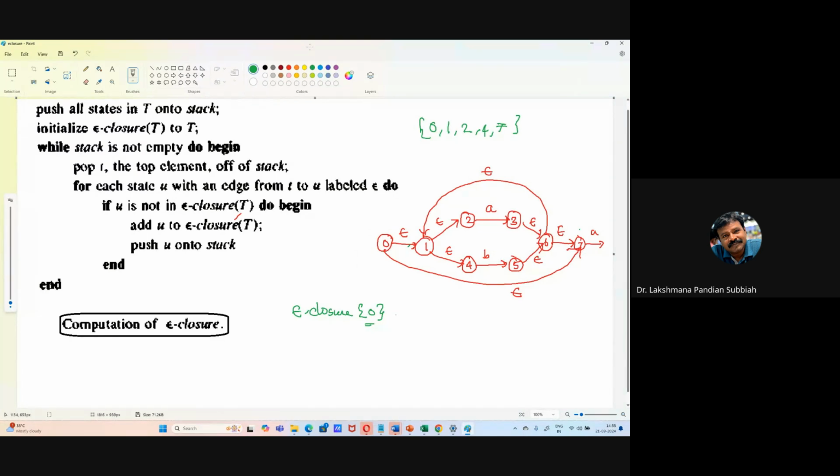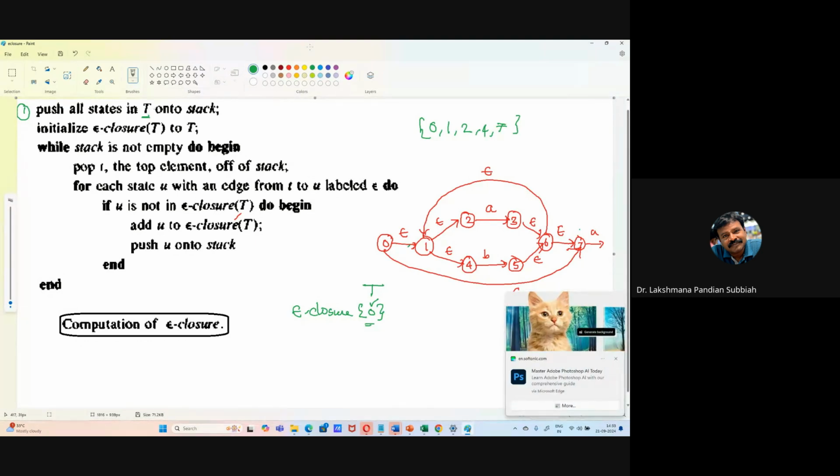Now, how do you write it as a program, by algorithm? Now you see the algorithm. The first step is to push all states in T onto the stack.